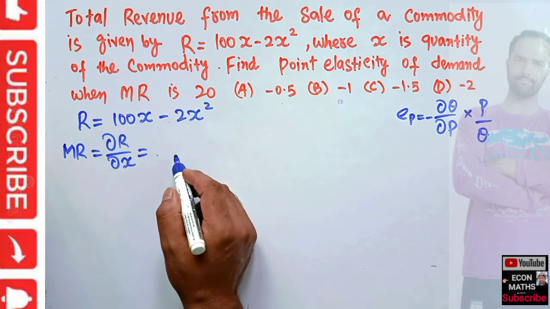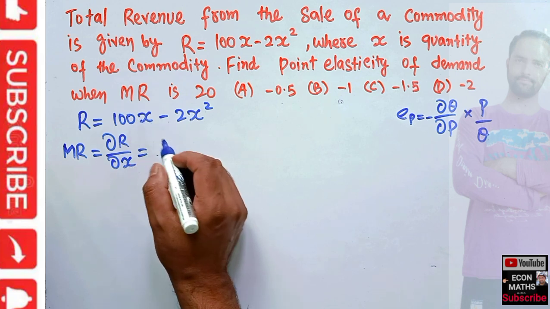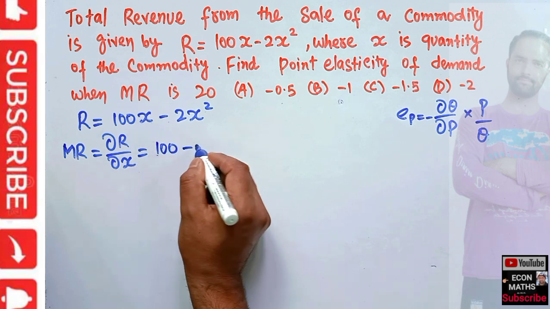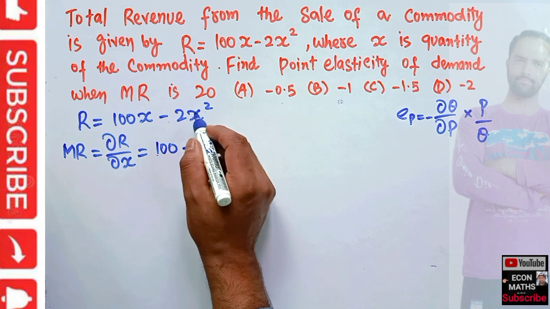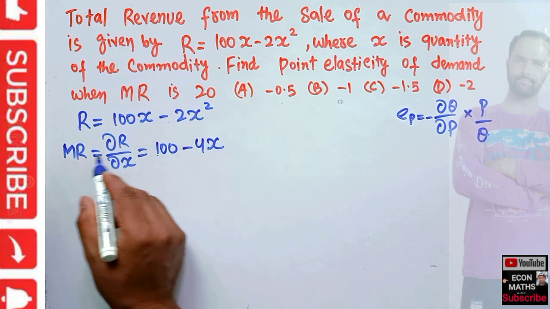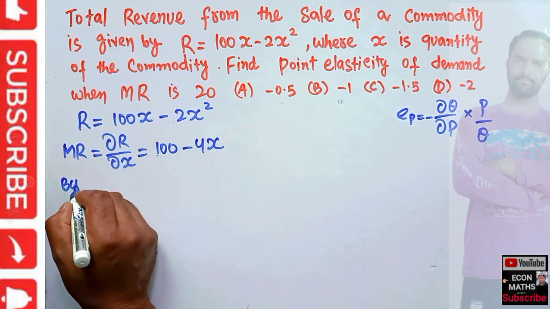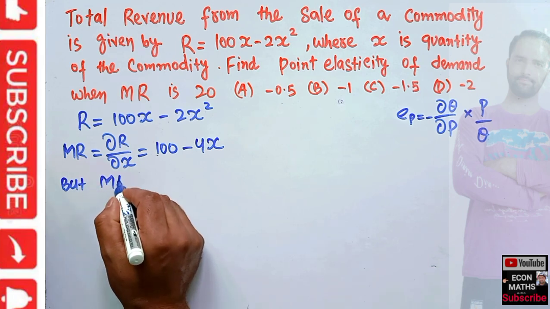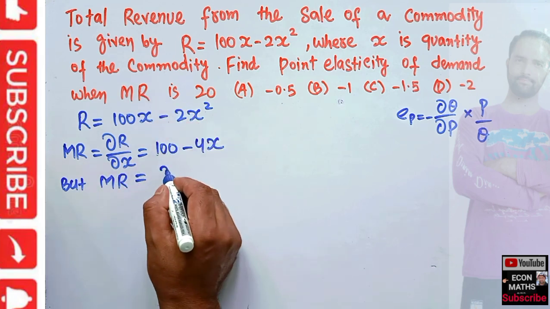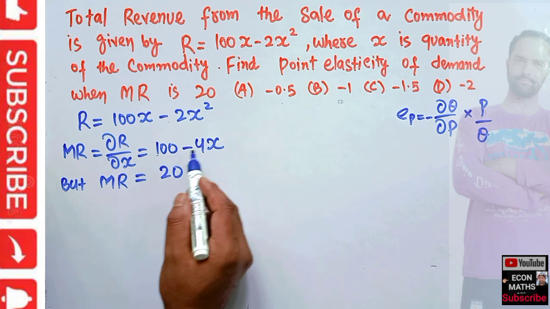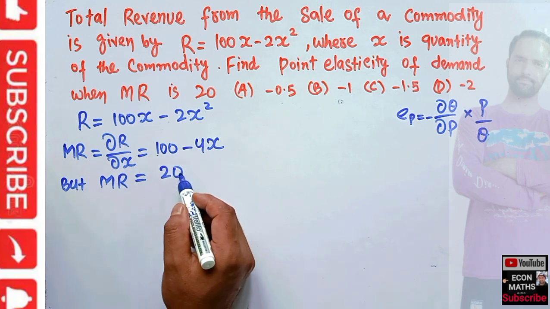Take the derivative of this function with respect to x. The derivative of 100x is 100, minus the derivative of 2x square, which is 4x. This is our marginal revenue, but marginal revenue is also given as 20.